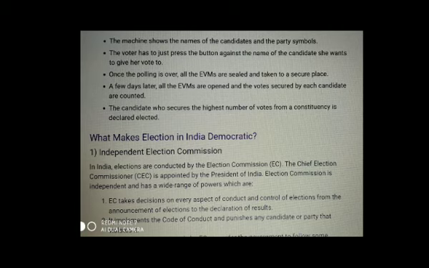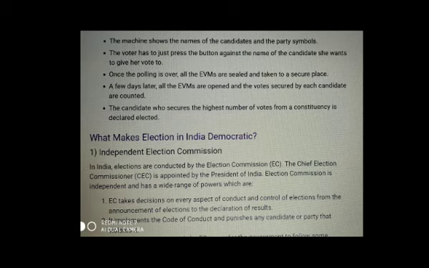Third one, once the polling is over, all the EVMs are sealed and taken to a secure place. Fourth one, a few days later, all the EVMs are opened and the votes secured by each candidate are counted. Last one, the candidate who secured the highest number of votes for a constituency is declared elected.